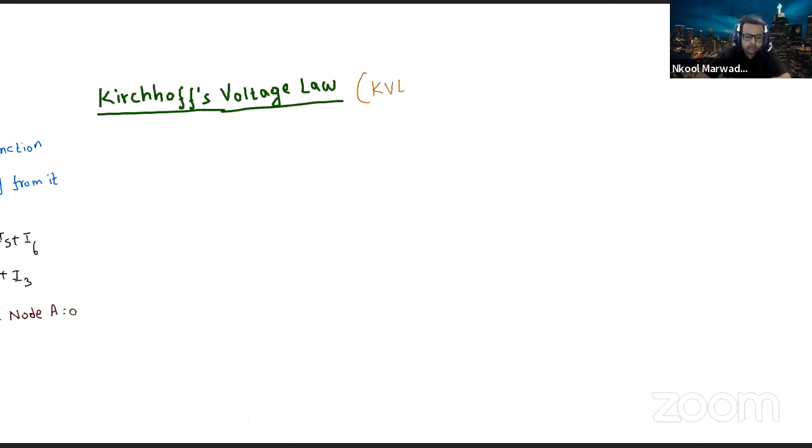Let us understand it. It states that in a closed circuit, so this voltage law is applicable only for a mesh. What is a mesh? A mesh is a closed circuit.